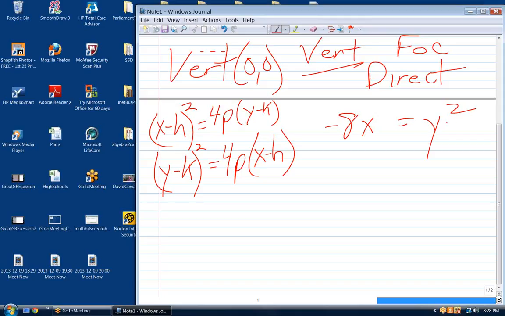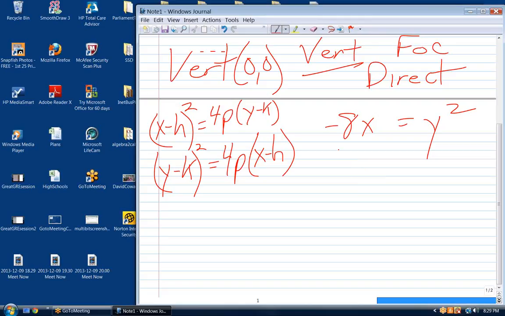If we had a y minus 2 squared, then the vertex wouldn't be at 0, 0. It would be at 0, comma 2. So when you go to the next step, that's what you'll see, where they'll have the vertex that's not at 0, 0.